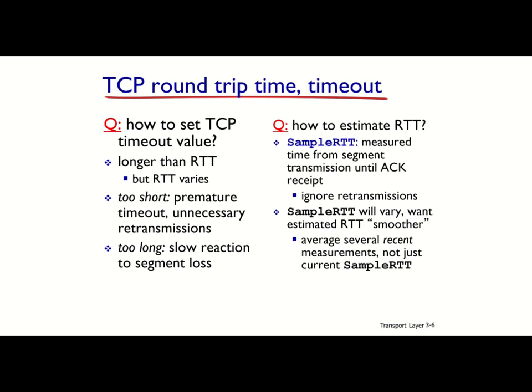To find the best value for the timeout, we have to be able to estimate the right RTT. If you consider sample RTT equal to the time it takes for an ACK to be received since the segment is transmitted, then we can find a good estimation for RTT by finding the average of several recent measurements of sample RTTs.